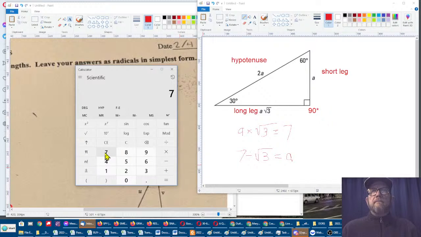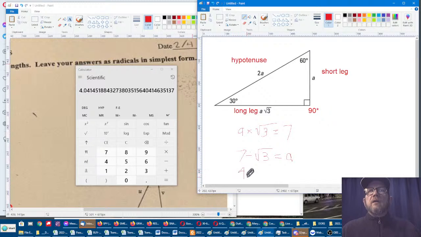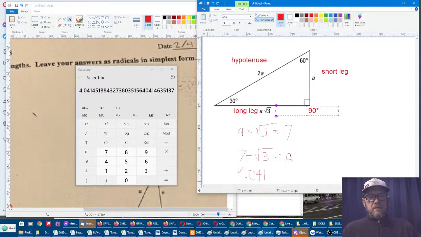We can type in 7 divided by, and I will recall the saved number, equals, that's your answer right here, which is 4.041. Oh, that's it for your A.